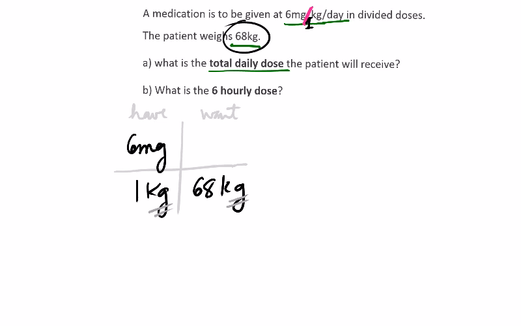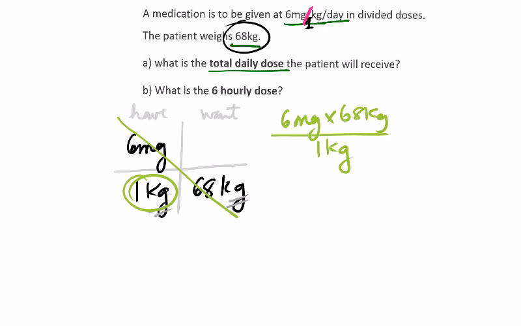So here we proceed the same way. We just multiply the main diagonal and we get 6 milligrams multiplied by 68 kilograms and divide by 1 kilogram. Even though 1 kilogram doesn't make any difference in the division, it's good to be consistent and write everything down. The kilograms cancel out. 6 times 68 divided by 1.